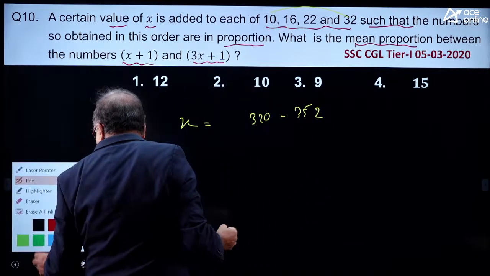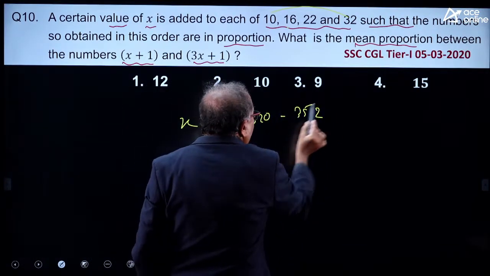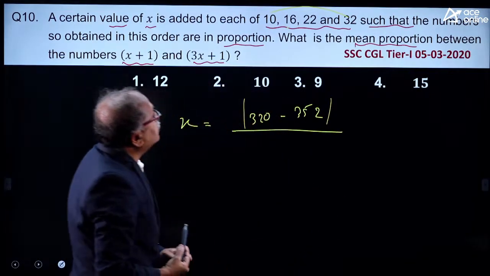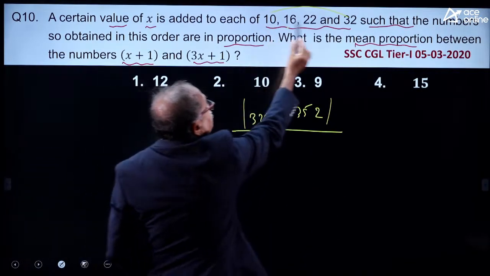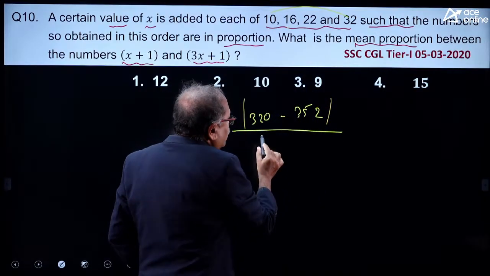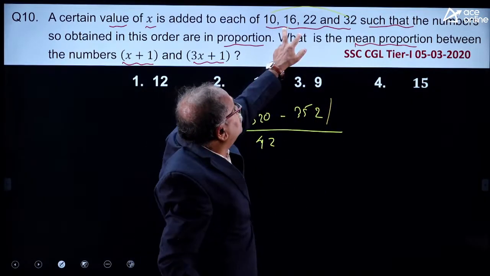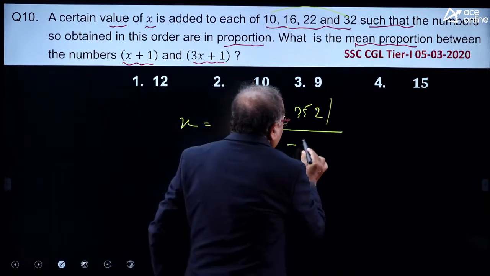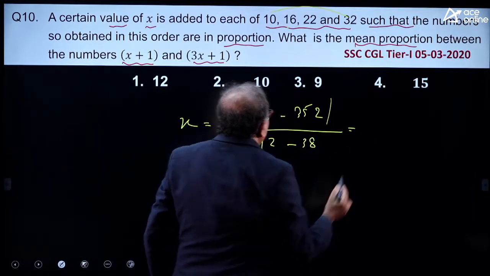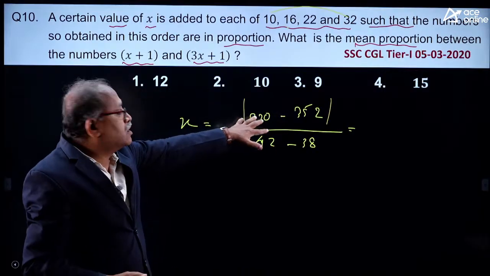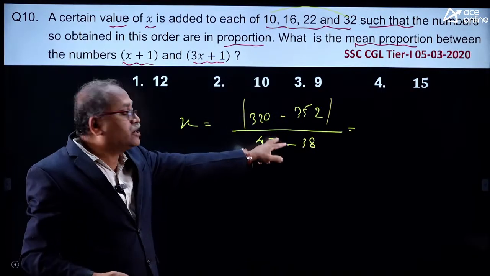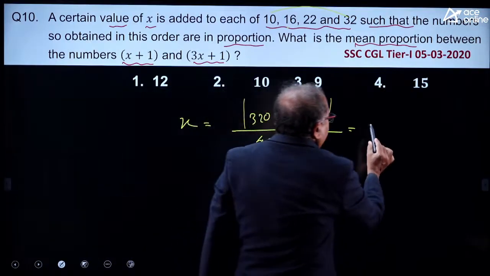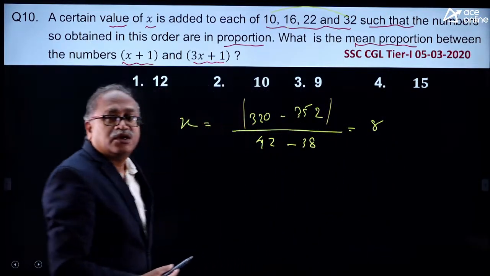So please remember that this is mod, and divided by the sum of the extremes, that is 10 plus 32, that comes 42 over here, and the middle two, that is 16 plus 22, that comes 38. So minus 38. So finally I am getting over here 32 divided by 4, that is 8. So x is equal to 8.